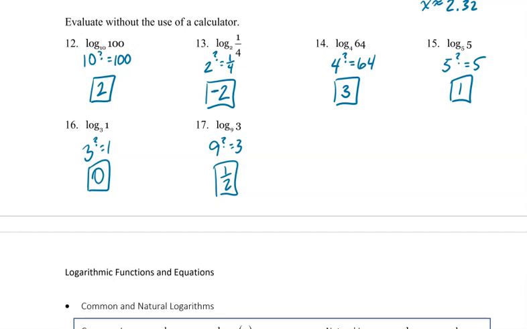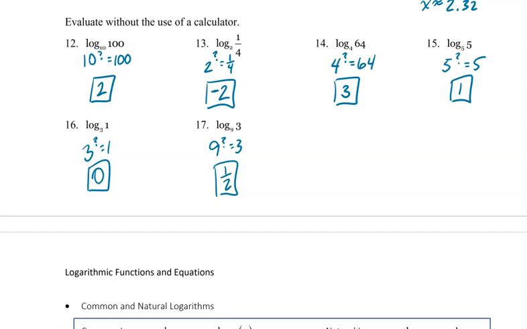Right? So hopefully this gives you a basic understanding about what a log is. Again, a couple things you need to remember. A log is the opposite of an exponential function. Right? You can rewrite one as the other. So you can always change a logarithmic equation into an exponential equation.